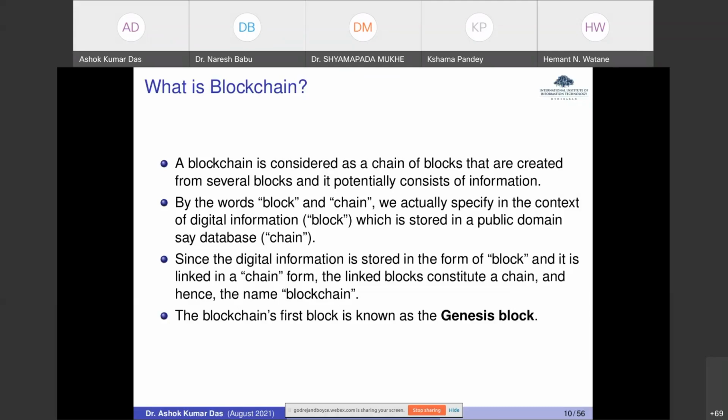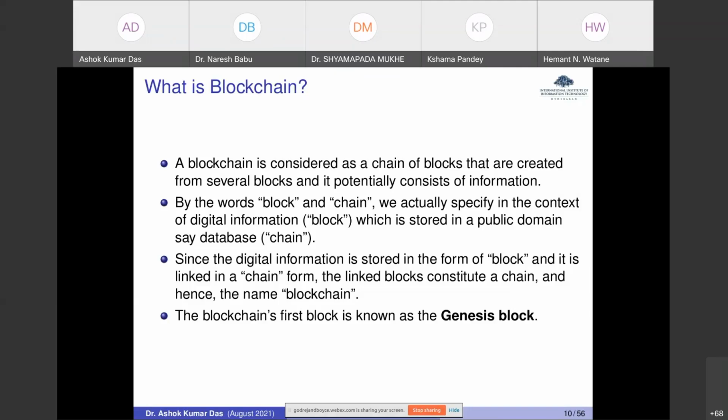In case of the blockchain, multiple blocks are chained together and put in the public domain. As a result, digital information is stored in the form of blocks, and it is also linked in a chain form. Hence the name blockchain, or chain of blocks.